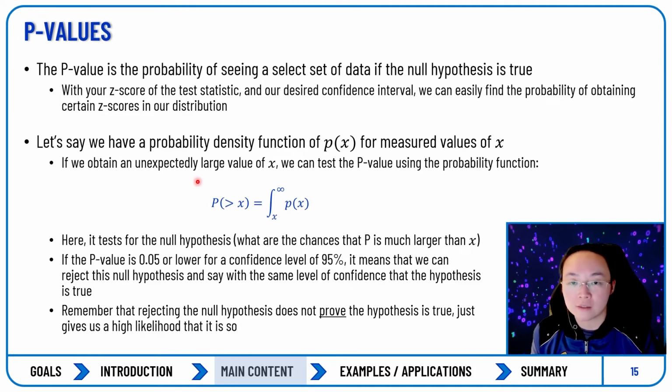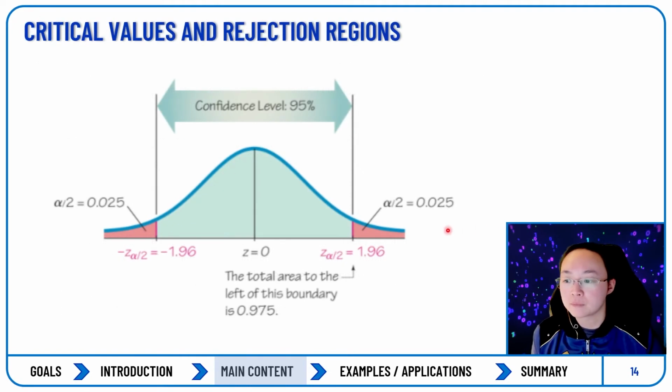So in this case, what I'm testing is, if I go back to this diagram, what are the chances that my value is greater than this right here? If I have a very low chance of being in this region, it means I'm fairly confident my chances of being in this green region are much higher.